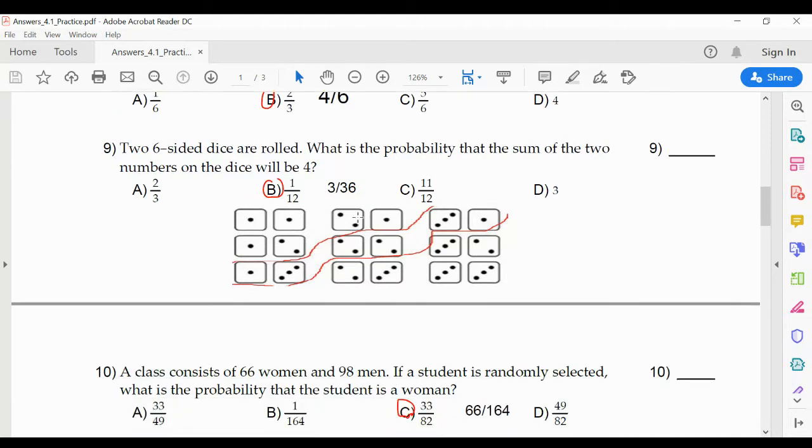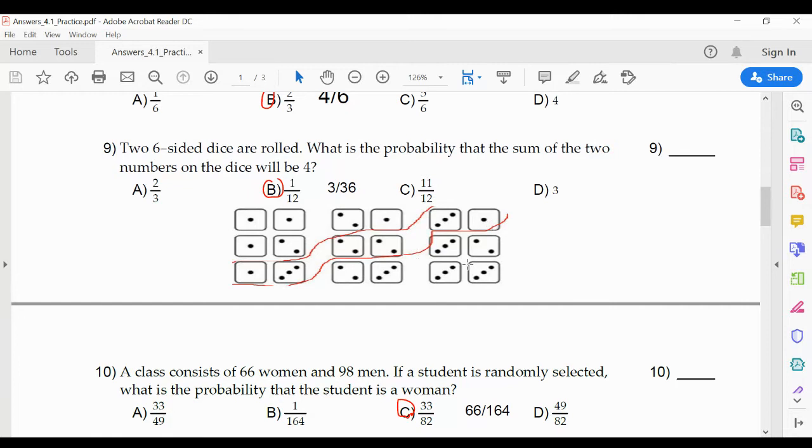Number nine, two six-sided dice are rolled. What's the probability that the sum of the two dice will be a four? This is off that sheet, that PDF that I gave you. There are three ways of getting a four: a one on the first die and a three on the second, a two and a two, and a three on the first die and a one on the second die.